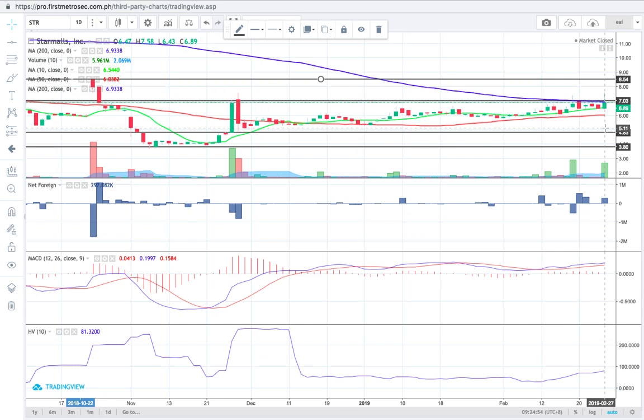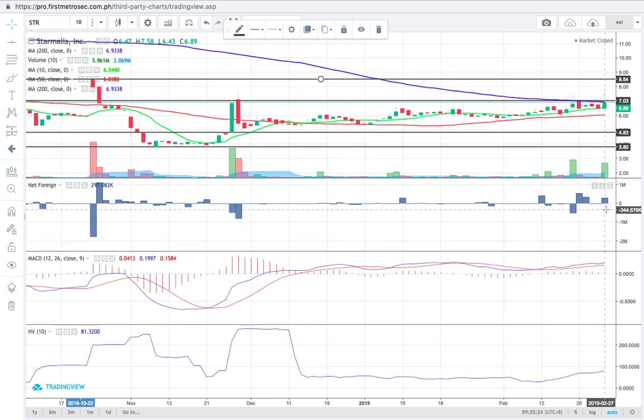But if the aggressive volume dies down, then there's a possibility for STR traders to consider 7.00 up to 7.10, or 7 to 7.20, as a selling area, if the volume dies down and does not continue the same level of volume that it registered yesterday. Okay.